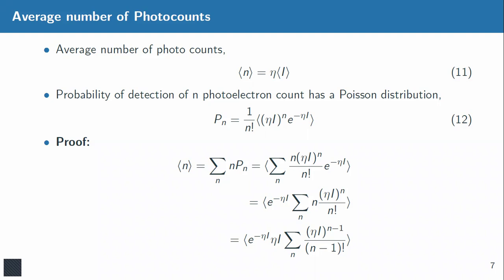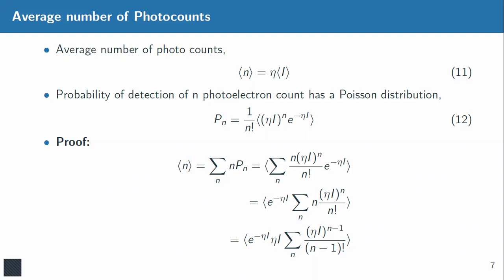So this means that the photo detection is a random process, as we could say that the photons in the light follow a Poisson distribution, and we cannot predict the number of photons at a given instant of time.